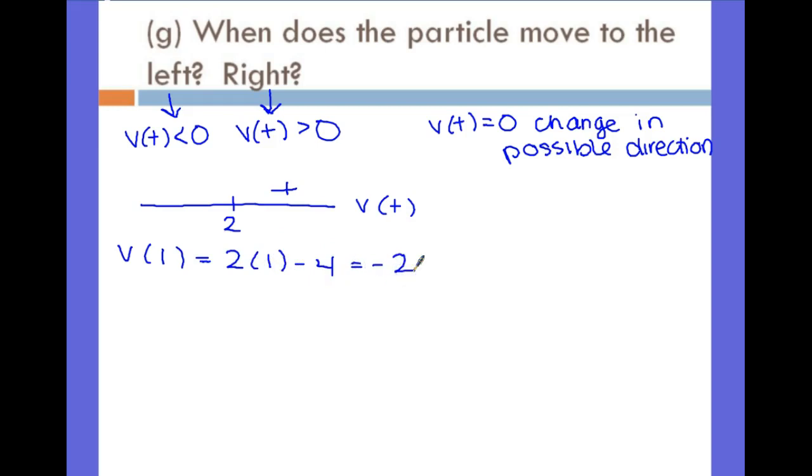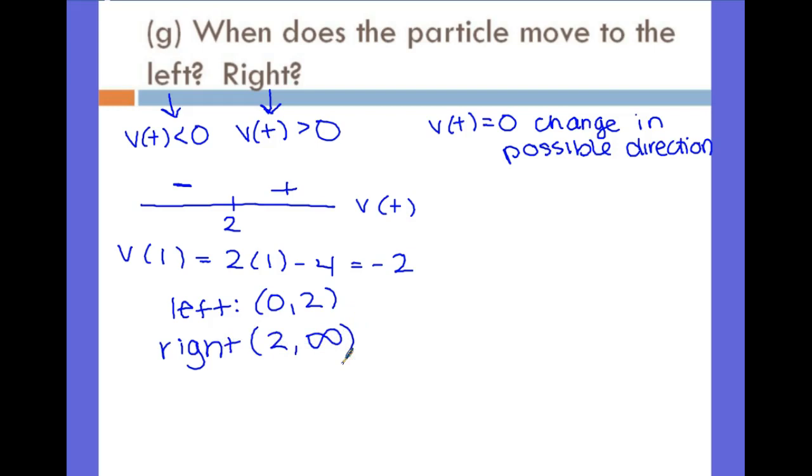Well, -2. So the velocity to the left of 2 is negative. So it says, when does the particle move to the left and to the right? Well, it is moving to the left from 0 to 2, and to the right from 2 on.